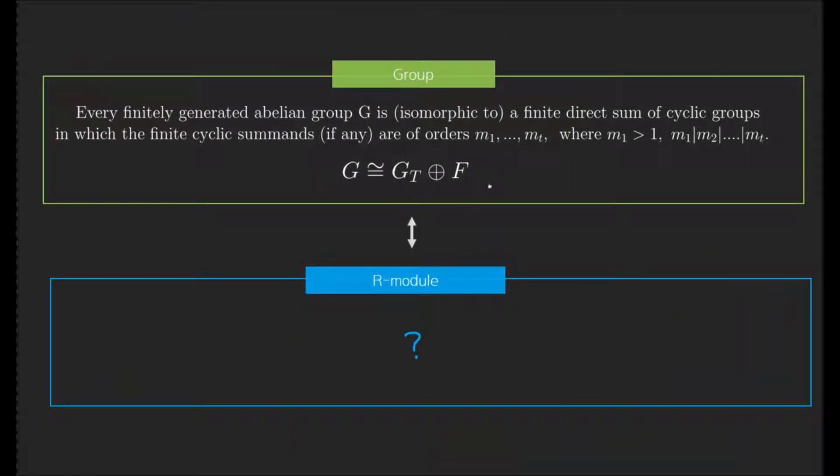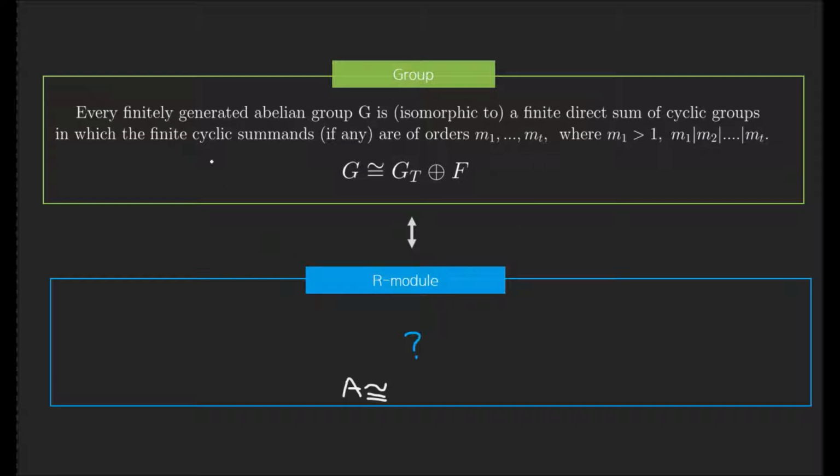Then this slide raises a reasonable question. Every finitely generated Abelian group is decomposed like this. In case of the R module, is there a related theorem similar to this?